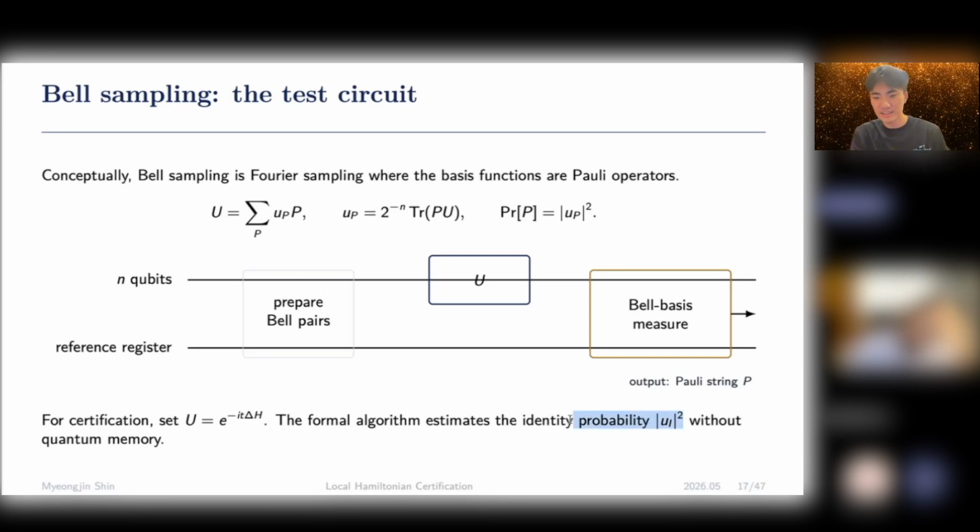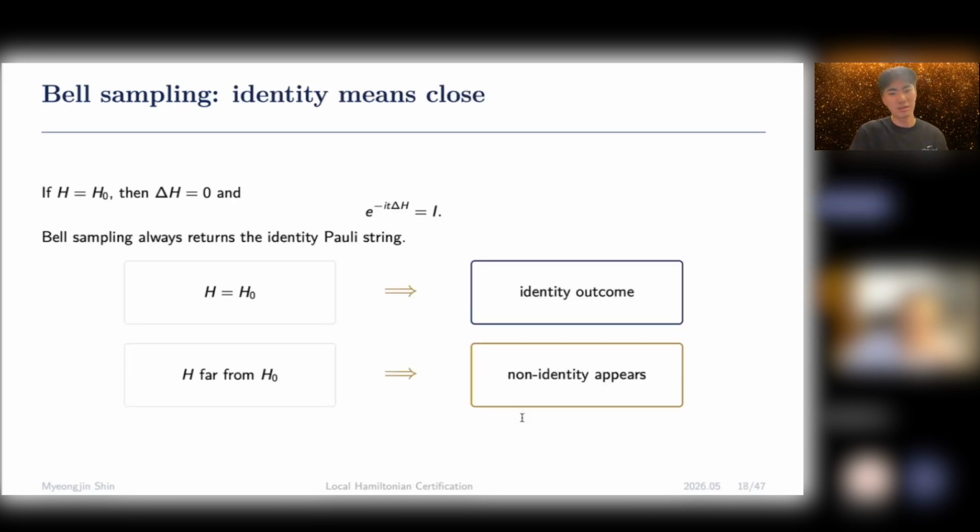This identity probability is the most important quantity of this work when certifying the Hamiltonians. We Bell sample because of this intuition.